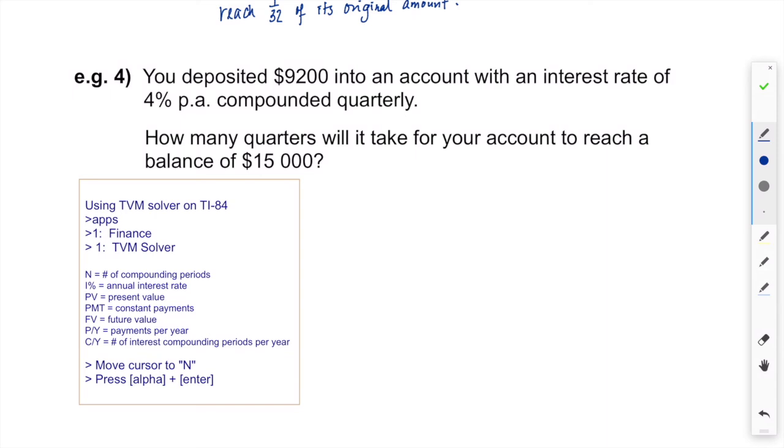So you deposited $9,200 into an account with an interest rate of 4% per annum, compounded quarterly. How many quarters will it take for your account to reach a balance of $15,000?